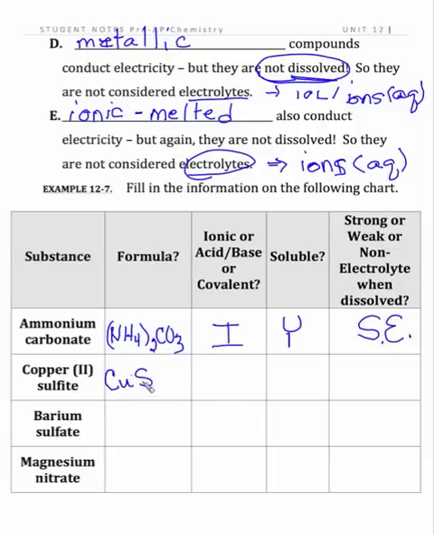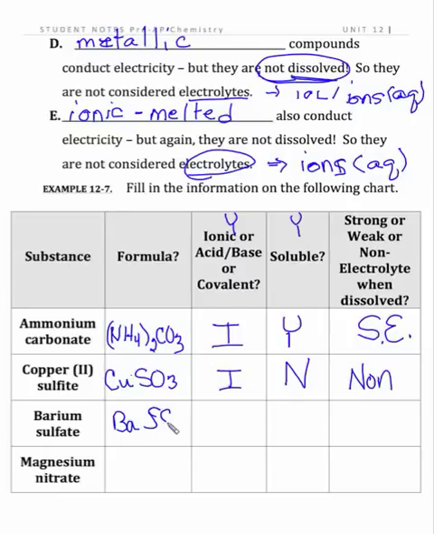All right, copper 2 sulfite, CuSO3. It is ionic. That meets the first criterion, but it is not soluble. It has to be a yes in both of these columns to be an electrolyte. So the answer is it's a non-electrolyte.